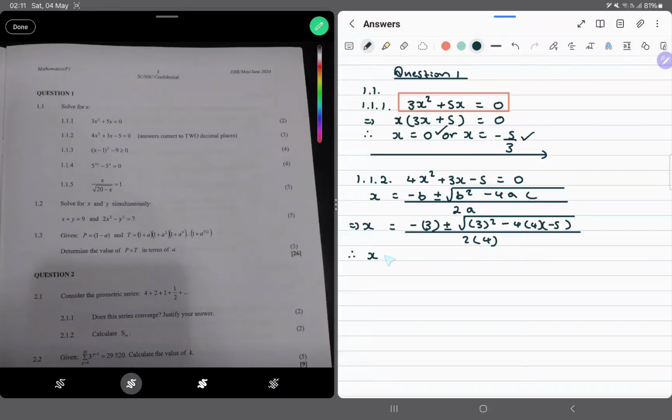Therefore, our x, let's check on our calculator, our lovely friend: minus 3 plus the square root of 3 squared minus 4 into 4 into minus 5, over 2 into 4.